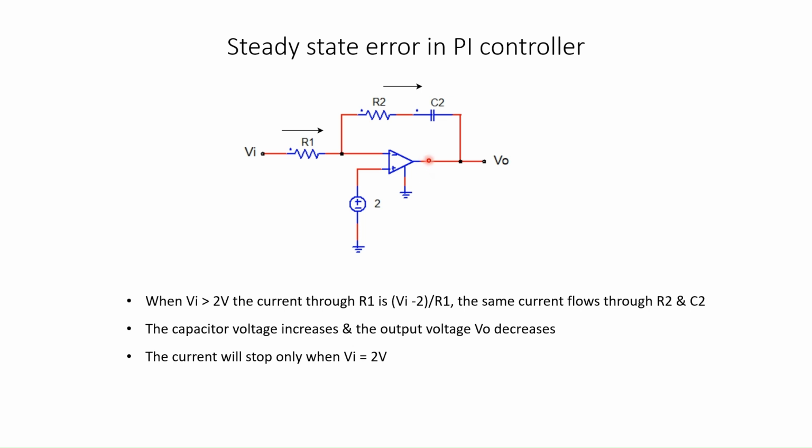So in the active region, the negative input voltage will be 2 volts. Supposing that VI is more than 2 volts, then a current flows into R1, that is given by VI minus 2 divided by R1.